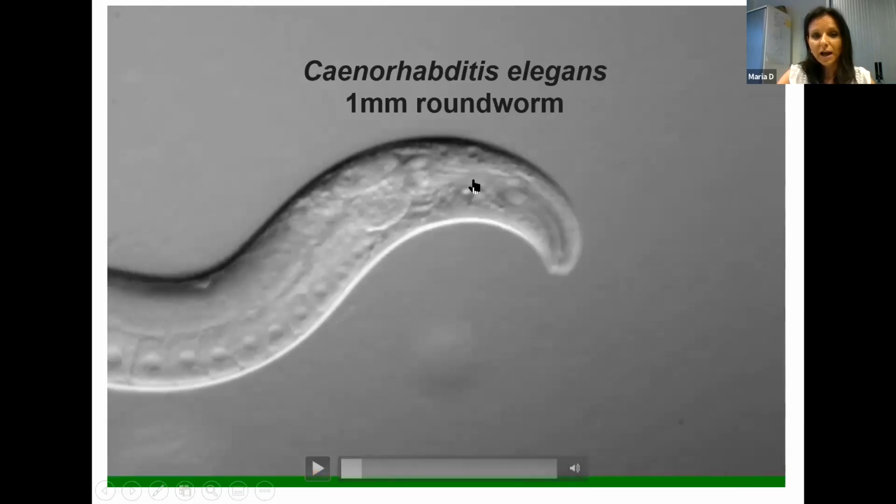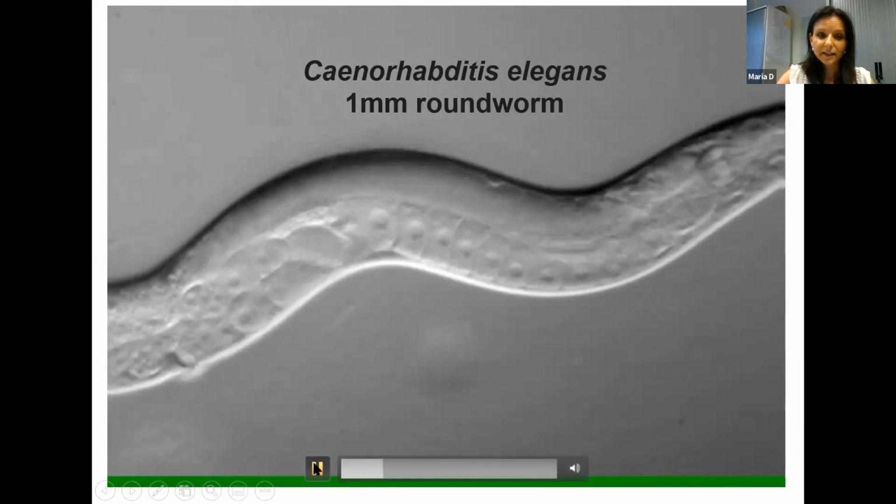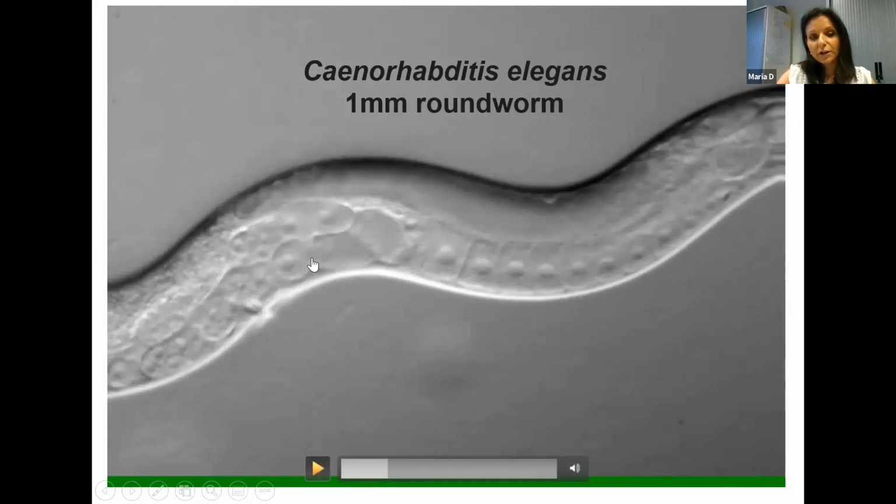what you can see here, this is the head of the animal. These are the non-fertilized eggs. Down here, you see that the eggs have been already fertilized because the animal makes its own sperm and egg. This is the vulva, so eggs will be released in the extracellular environment.